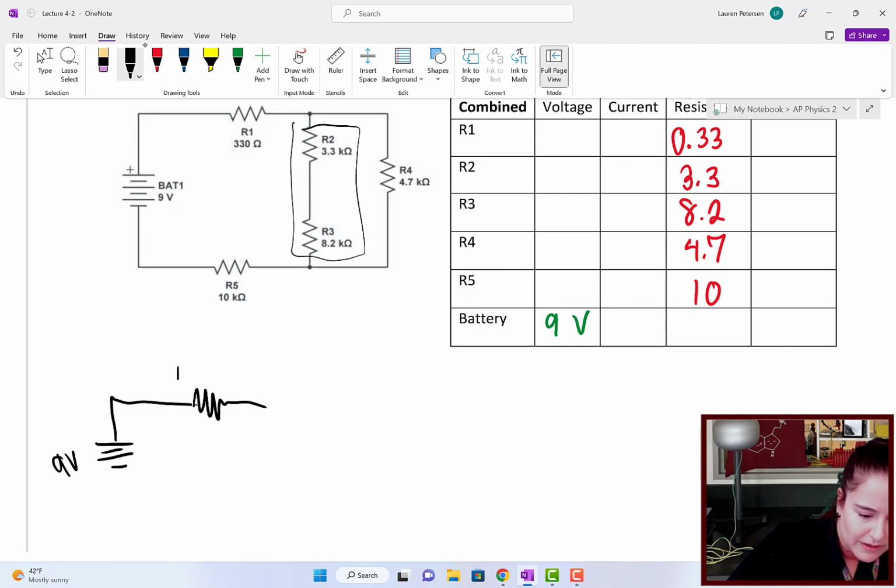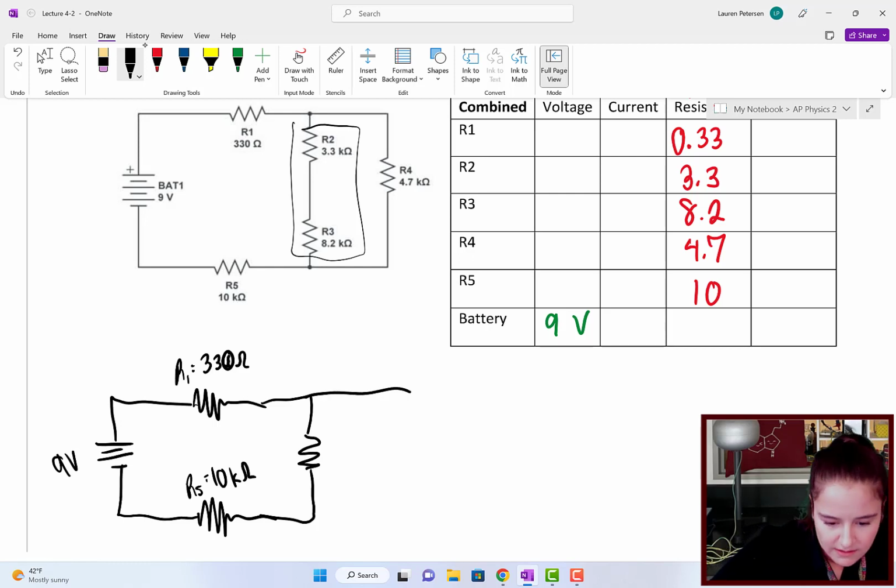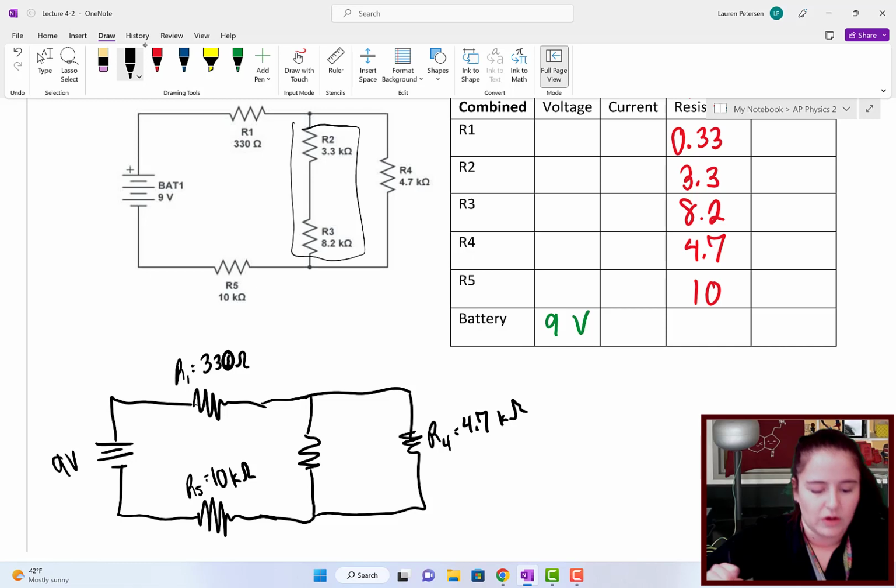We still have R1, which is 330 ohms. Still got R5, 10 kilo ohms. Okay, and still got R4, which is 4.7 kilo ohms.